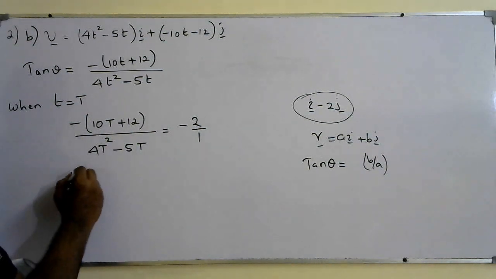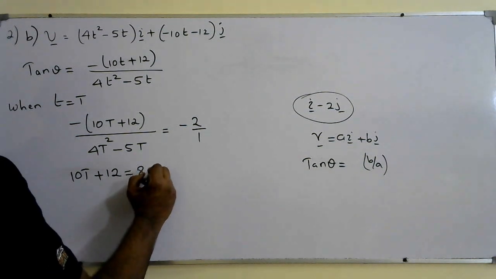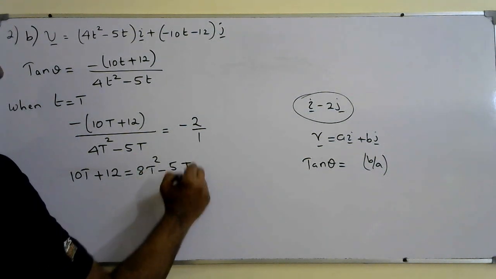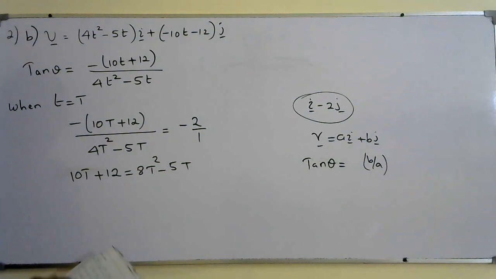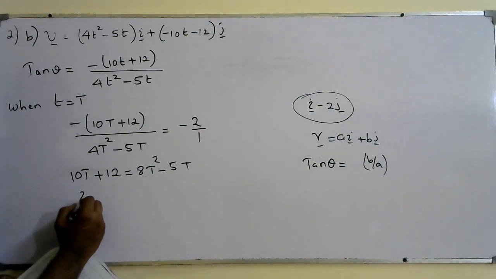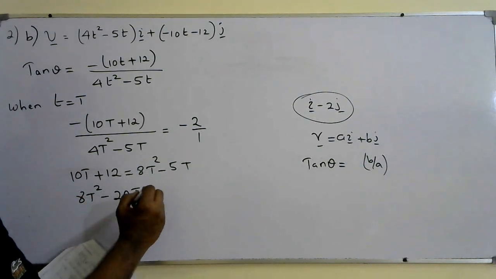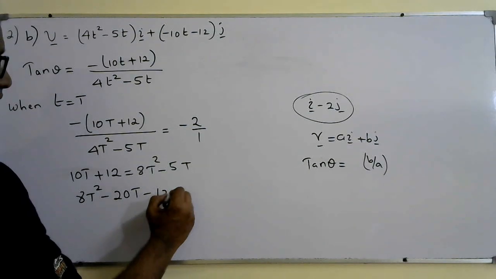So 10t plus 12 equal 8t squared minus 5t. If you want, I'll write 8t squared minus 20t minus 12 equals 0.